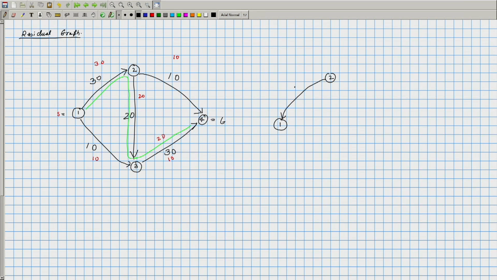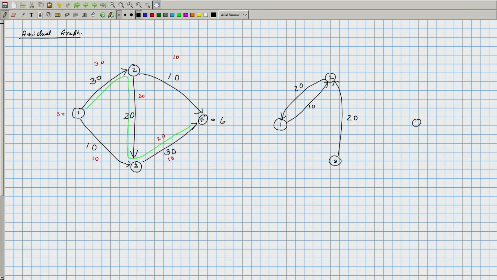That will be indicated by a back edge which can carry 20 units, and the forward capacity has been used to the extent of 20 units. So, there is a remaining 10 units that can be routed. And for 2 to 3, there was a forward edge which was saturated, so we can only send back 20 units along this.